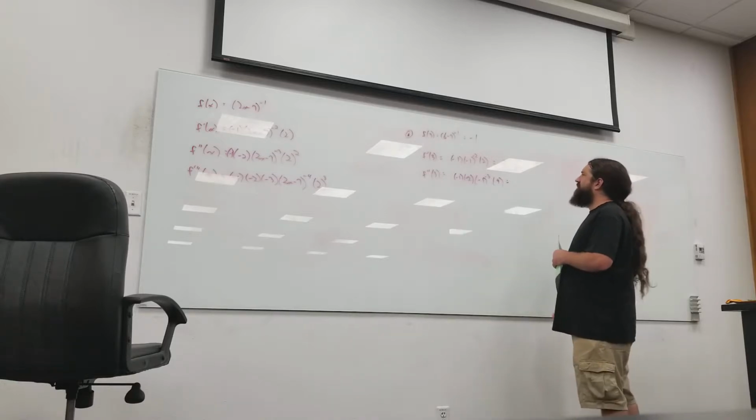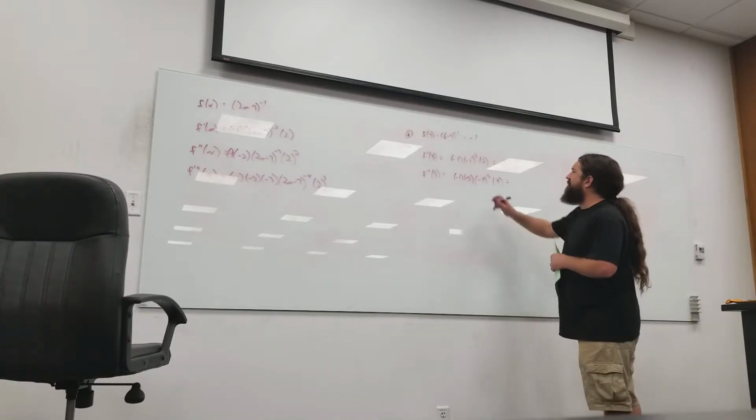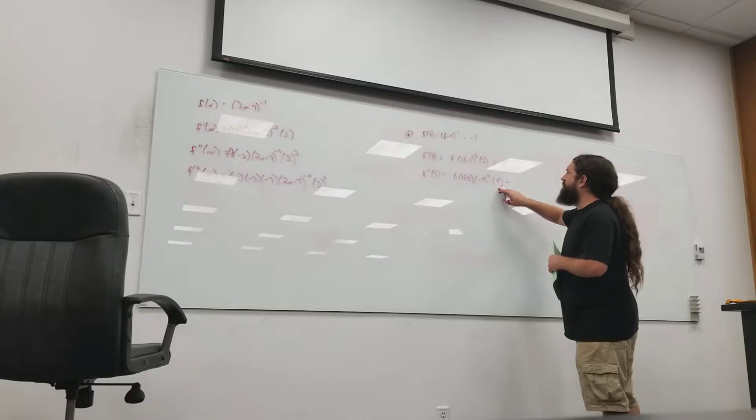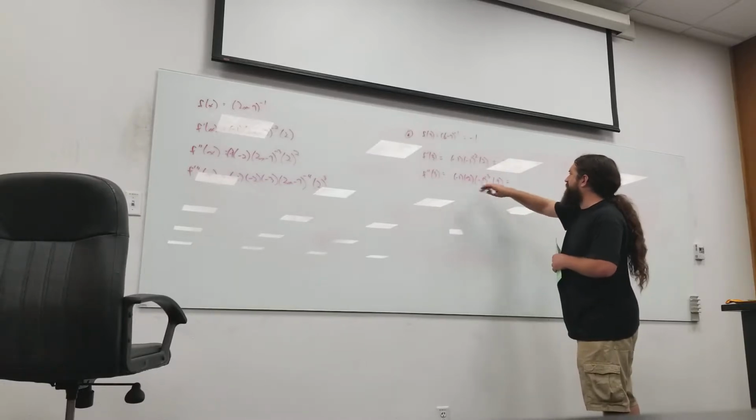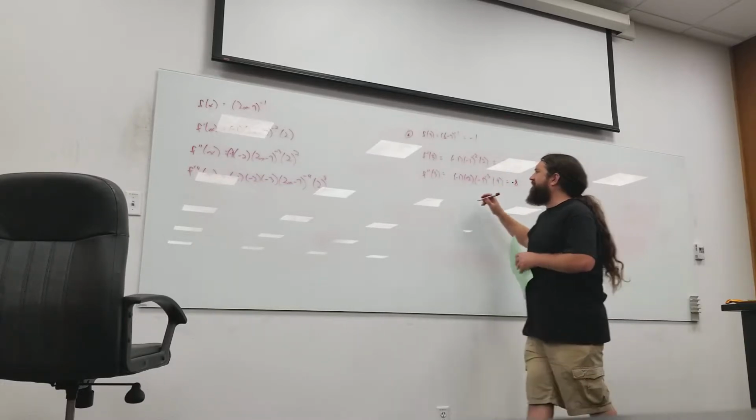So what have I got? Negative 8, is that right? Because the negatives all cancel except for this one. So it's negative 8.